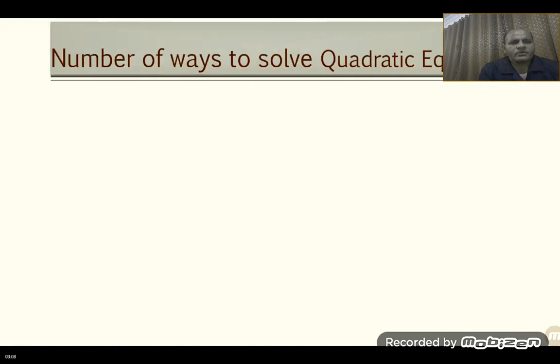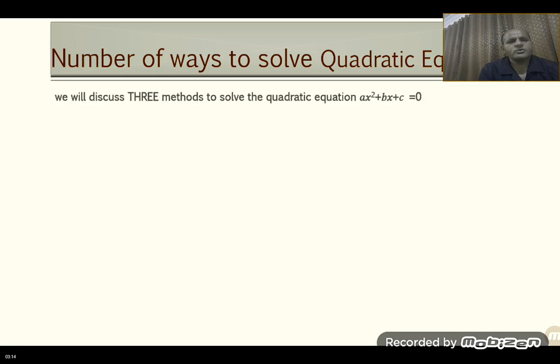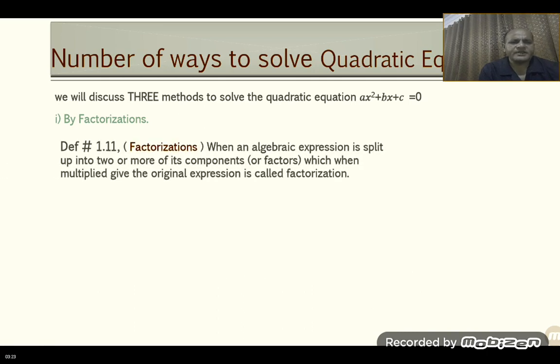Now, we will discuss 3 ways to solve quadratic equation, but in this video, we confine ourselves to factorization, that is, solution of the quadratic equation with the help of factorization. Let us define what is factorization. Factorization: when an algebraic expression is split up into 2 or more of its components or factors, which when multiplied give the original expression, it is called factorization.